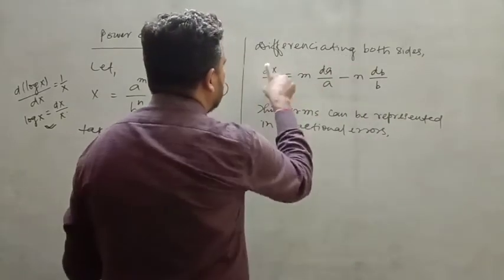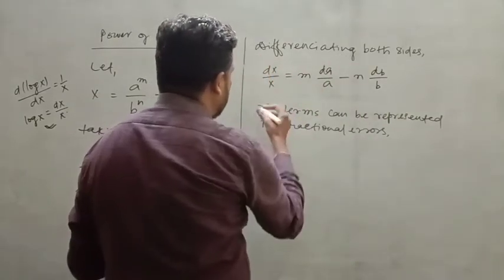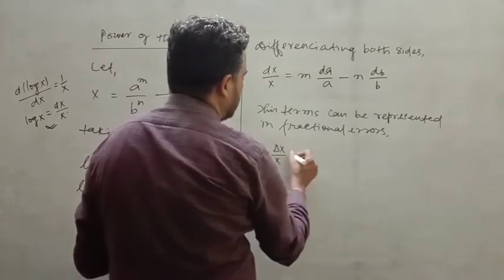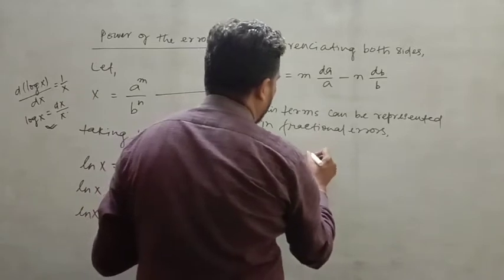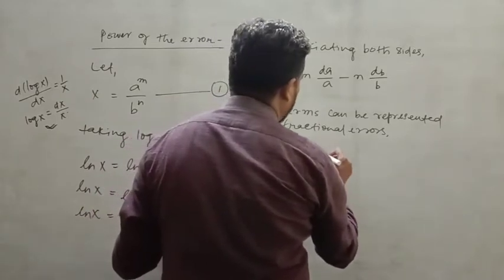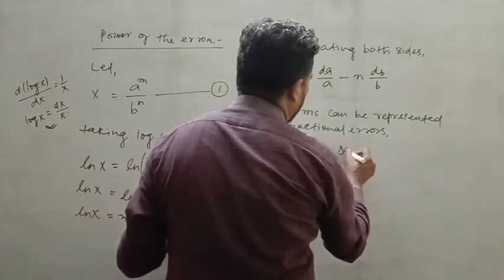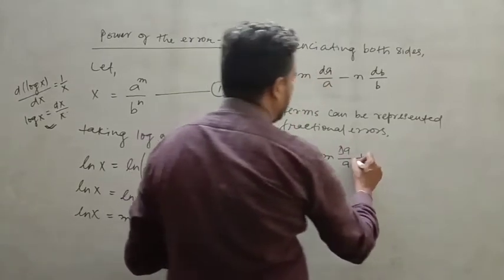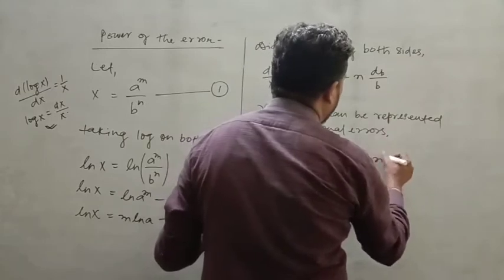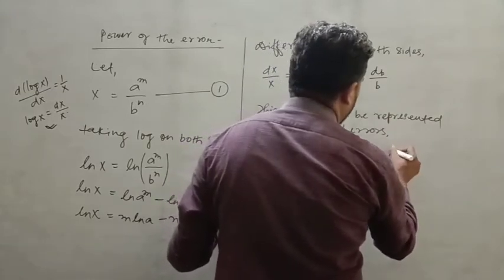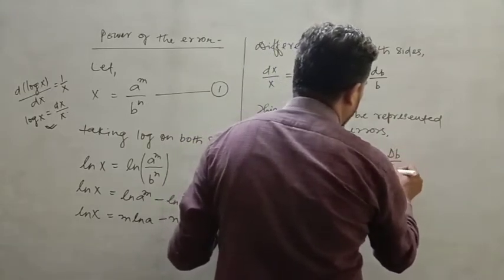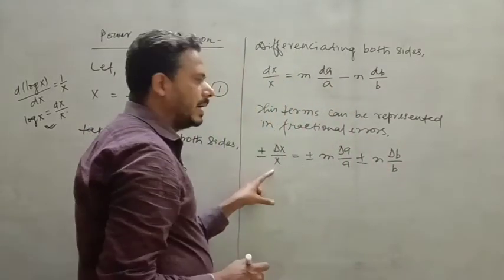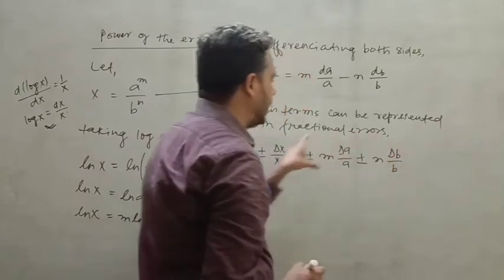So this can be written as plus minus delta x by x is equal to plus minus m times delta a by a plus minus n times delta b by b. And we know that this delta x by x has 4 possible values from here.